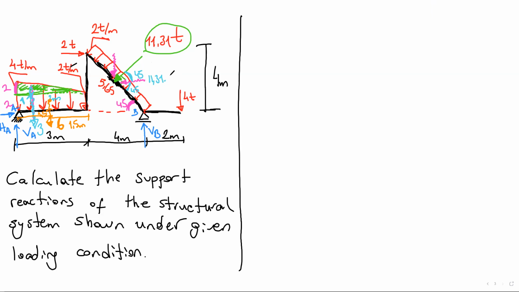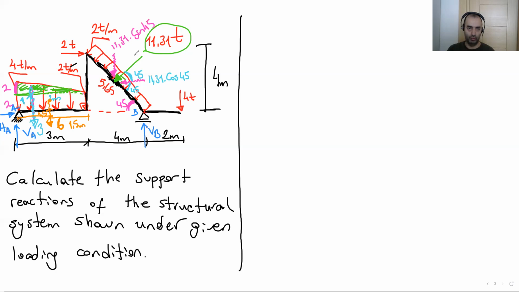Cos for the horizontal one. Yes, cosine 45, you're right. And let's change color for this one. 11.31 times sine 45. Okay. Now we have all loads in the x and y axes.